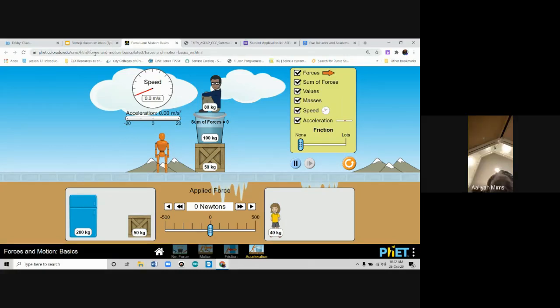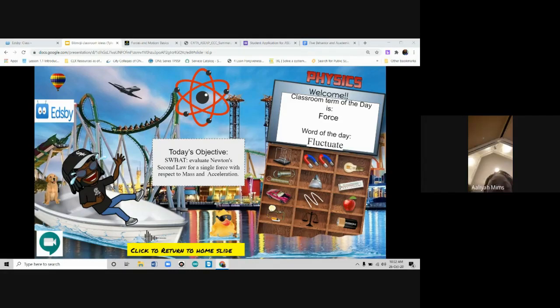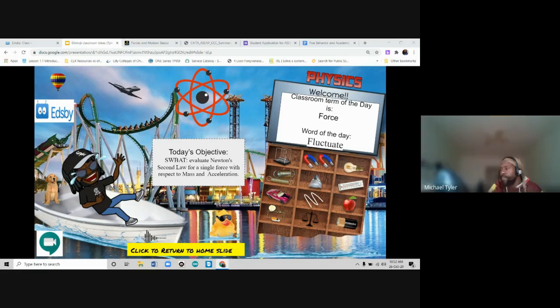I can't get to the link. It won't let me. That's what I'm talking about. You're talking about the link, the classroom? Right. Okay. And what is it saying? It's saying that there was an error opening this file. Okay. Are you in Safari, Aaliyah, or Google? Safari. That's the problem there.